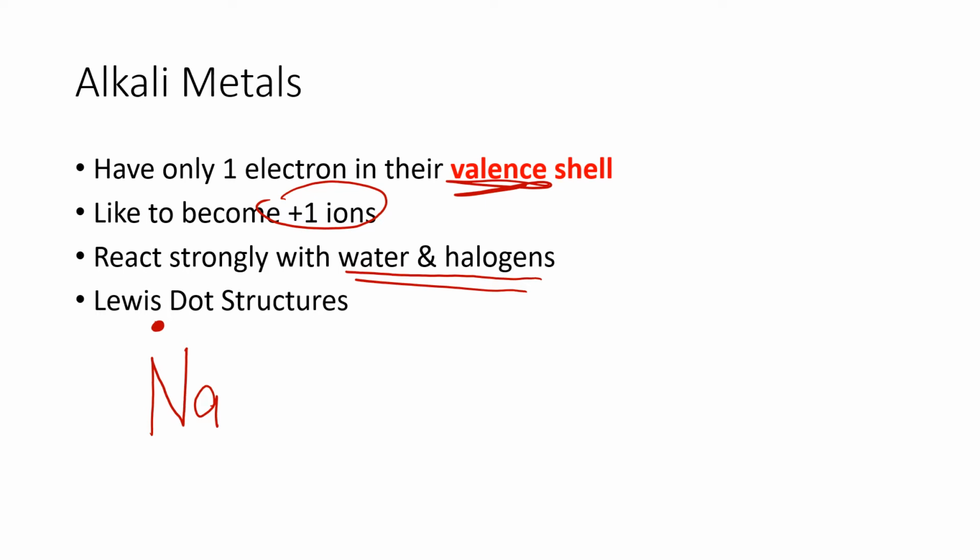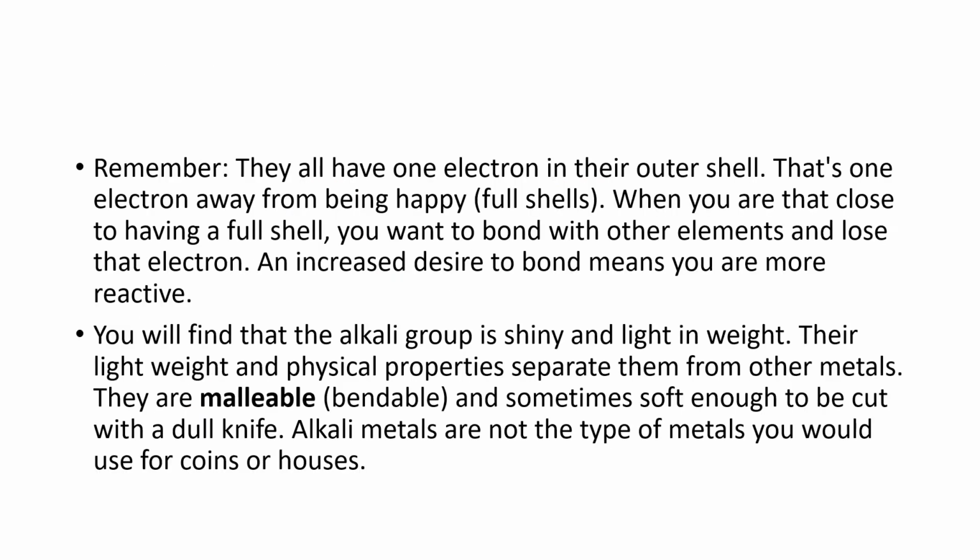Even though there is more than 1 electron in a sodium atom, we're only focused on the valence electrons. So they have only 1 electron in their outer shell. They're 1 electron away from being happy or being full. When you're that close to having a full shell, you'll want to form a bond with another atom.